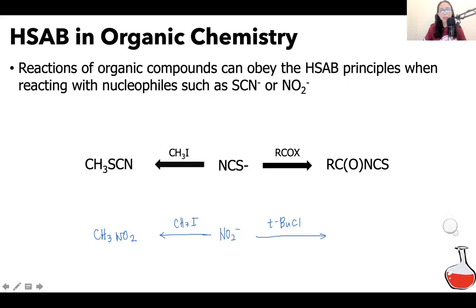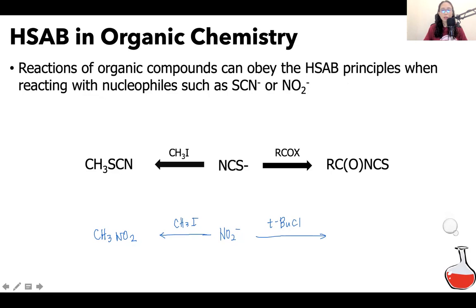But tert-butyl chloride is considered a hard acid. And for this one, it will be oxygen that will be attacking the tert-butyl chloride, again because oxygen is harder in electronic character than the nitrogen atom.